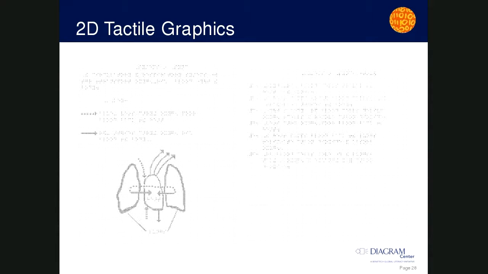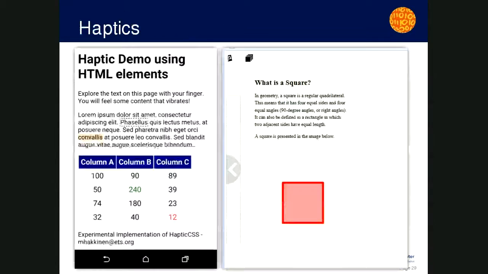This is the heart and lungs, and what it would be when it was produced as a 2D tactile graphic. It is the actual embossed paper version as well as an accompanying text to explain how you would navigate that particular file. And so that's 2D tactile graphics.